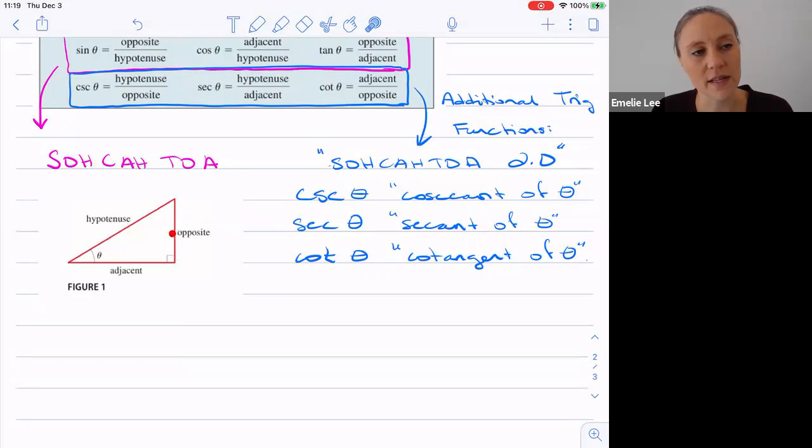The side that's opposite the angle is the opposite. The side that's attached to the angle, but not the hypotenuse, is the adjacent. And then of course the hypotenuse is the one that's opposite the right angle, the 90-degree angle. It's always the longest side.